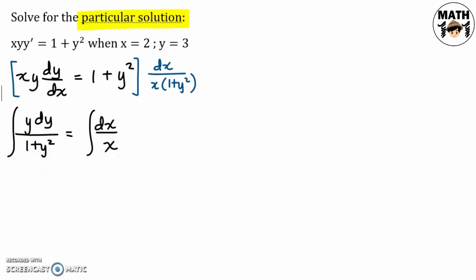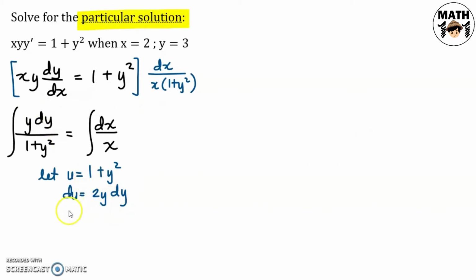For the left side, gamit ulit tayo or i-represent natin yung denominator as u. So, taking the derivative, du is equal to 2y dy. So, notice na itong term na to, that is the numerator ng original equation natin.